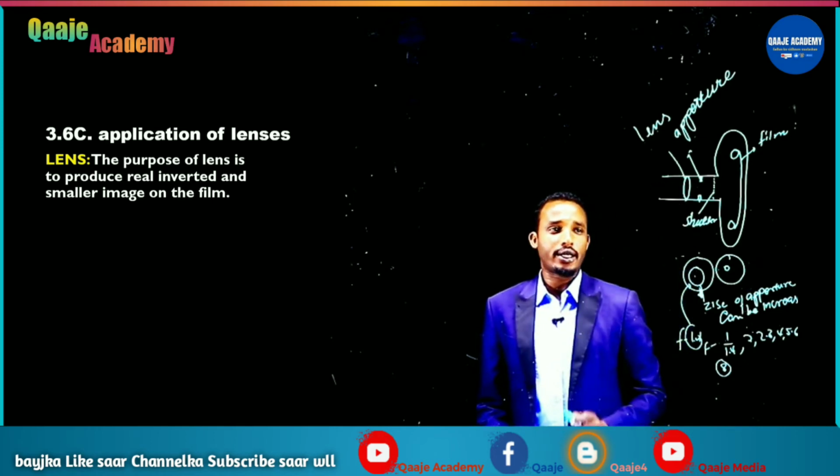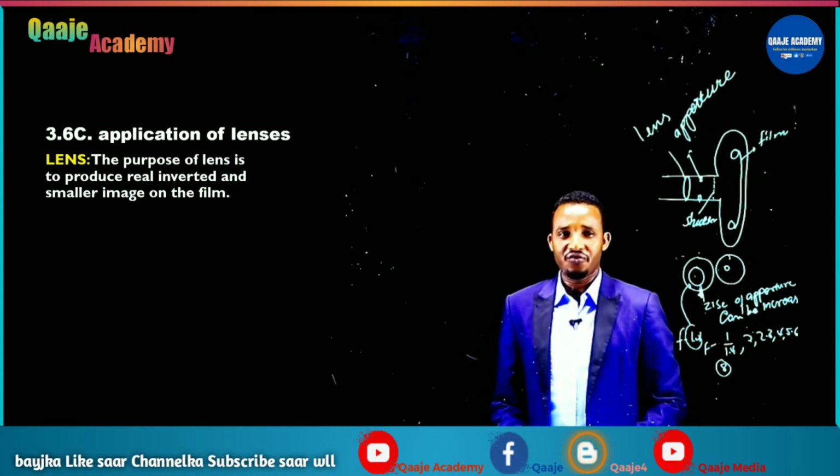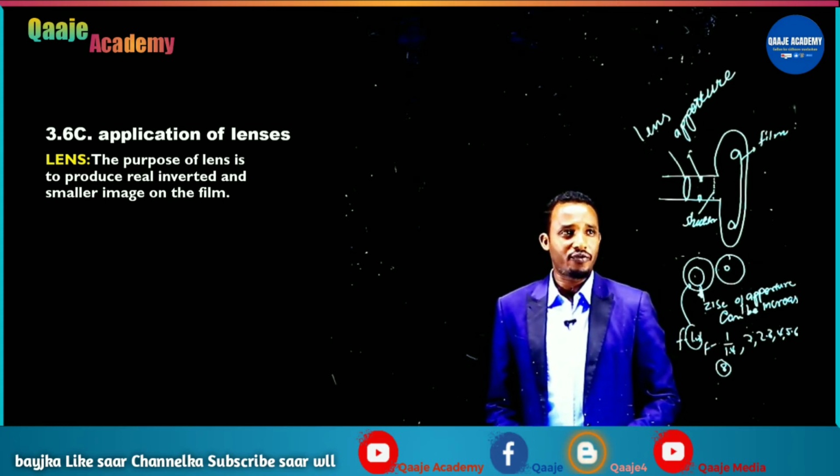What remains is the lens. The purpose of the lens is to produce a real, inverted and small image on the film.